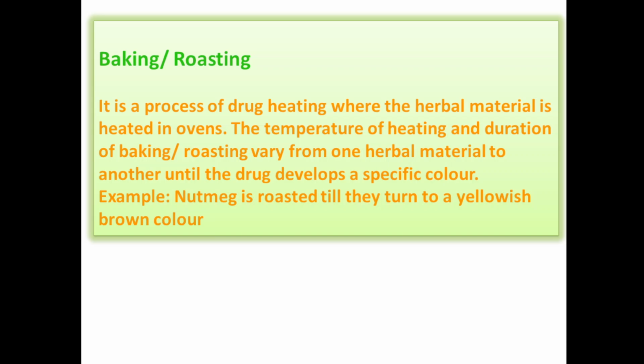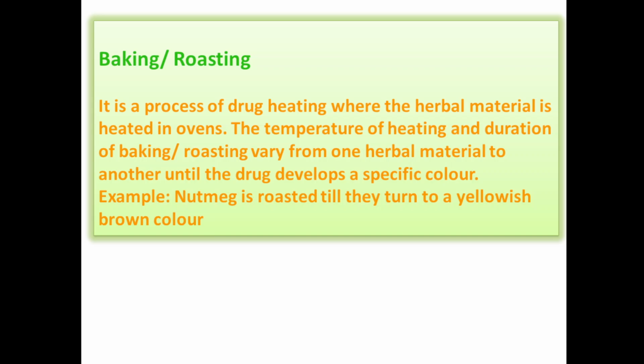Baking and roasting is the process of drug heating where the herbal material is heated in an oven. Temperature of heating and duration of baking or roasting vary from one herbal material to another until the drug develops a specific color. So after that it will undergo heating or roasting.